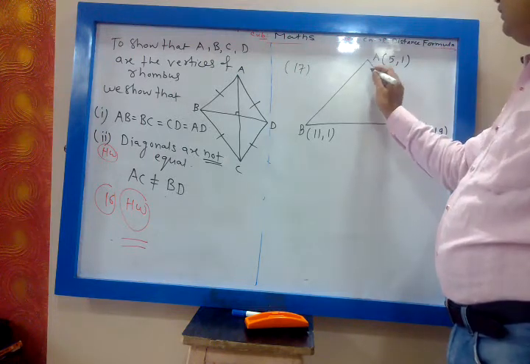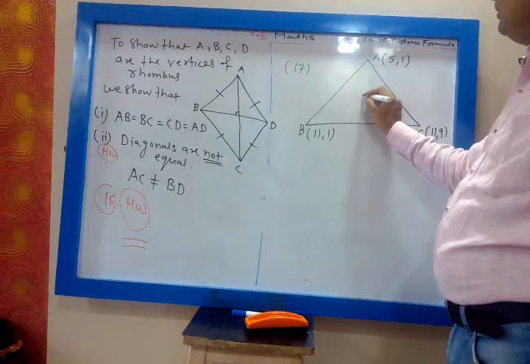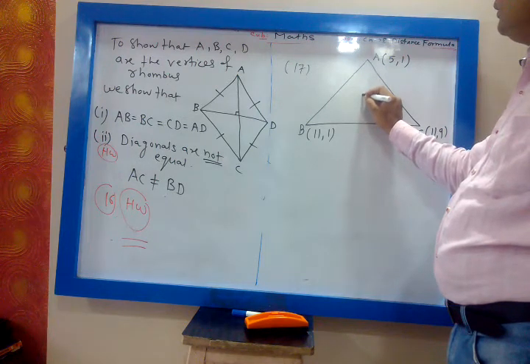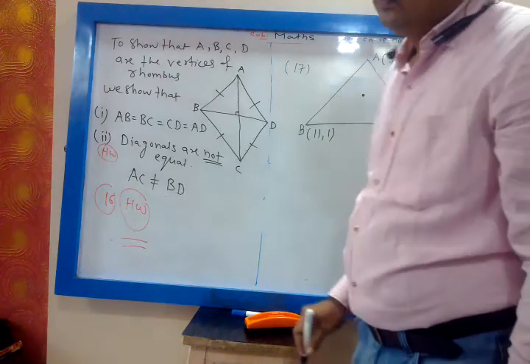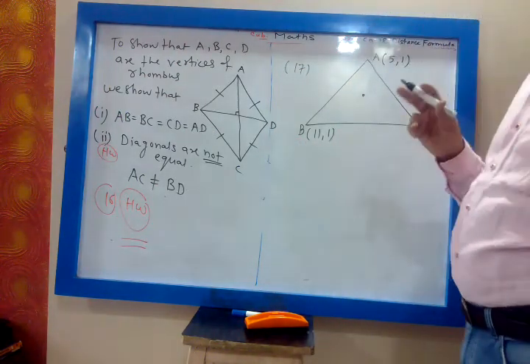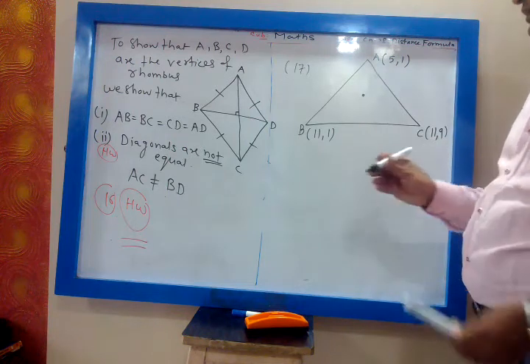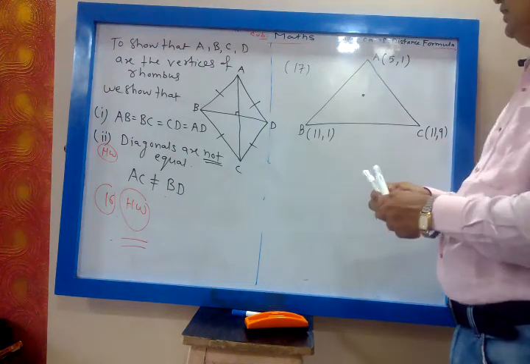Now to find the circumcenter: the circumcenter of a triangle is that point from which all the vertices are at equal distance. So write down this definition.